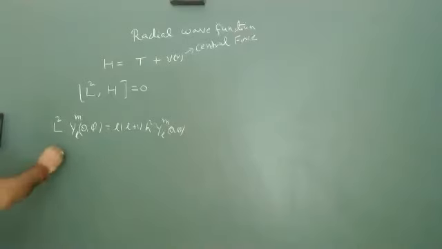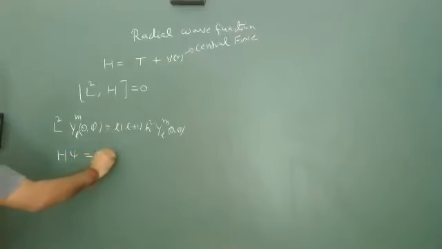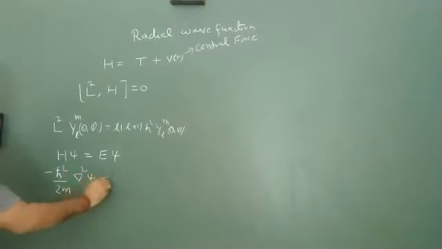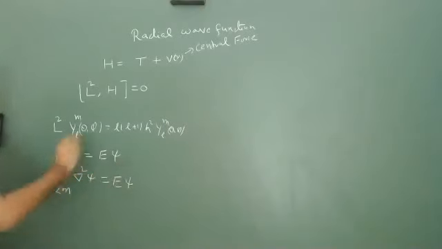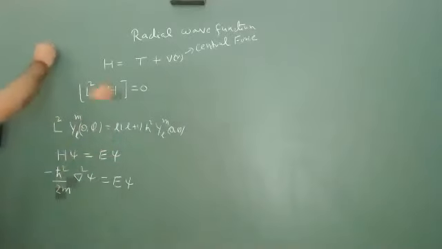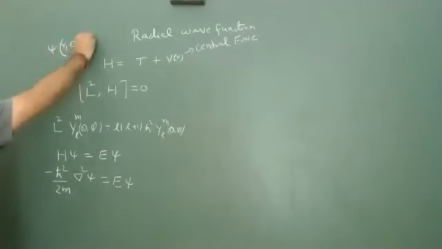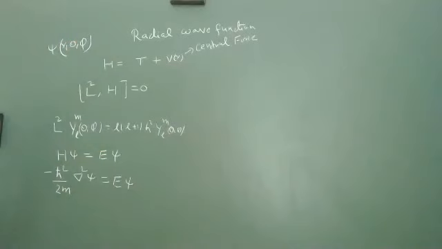So obviously we have to solve H psi equals E psi, where H is nothing but minus h-cut square upon 2m del square, so minus h-cut square upon 2m del square psi equals E psi. And this psi is a function of r, theta and phi.